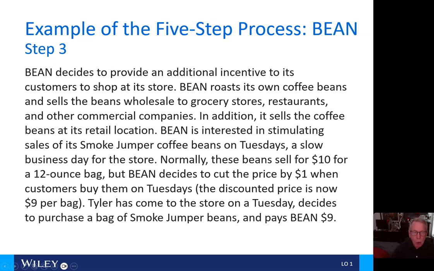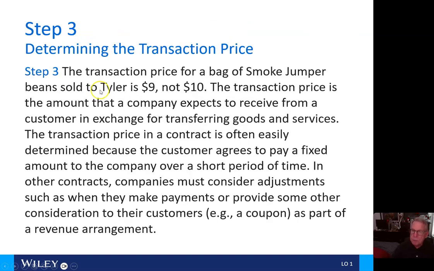The discounted price is now $9 per bag. Tyler has come to the store on Tuesday, decides to purchase a bag of smoke jumper beans, and pays Bean $9. Okay. The transaction price for a bag of smoke jumper beans sold to Tyler is now $9, not $10. The transaction price is the amount that the company expects to receive from a customer in exchange for transferring goods and services.